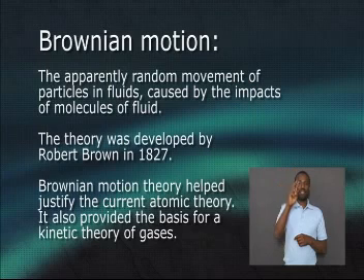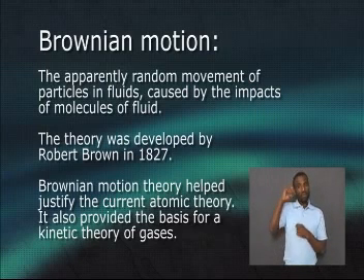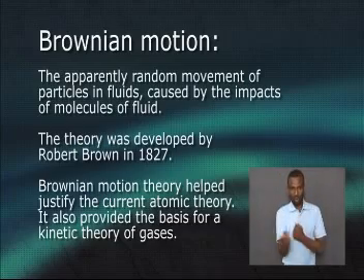The discovery was of critical importance because it helped to justify the current atomic theory and also provided us with the basis for the kinetic theory of gases. Great work, everyone.